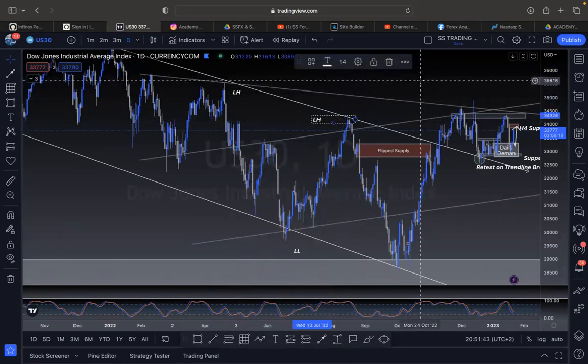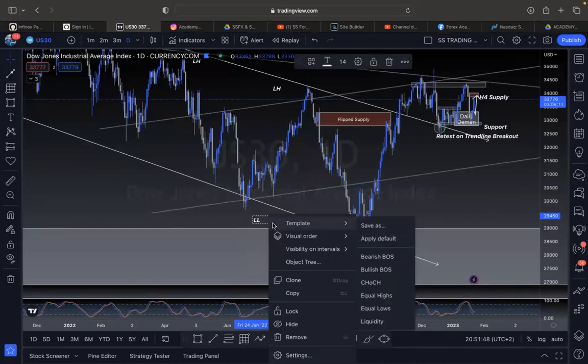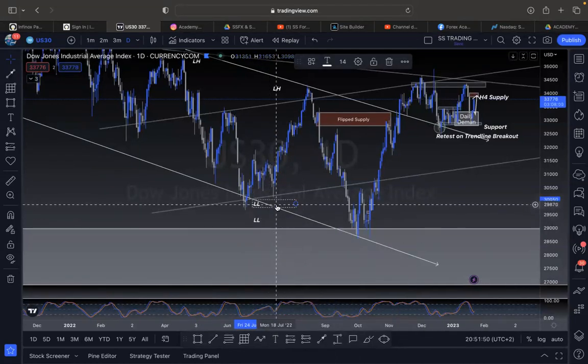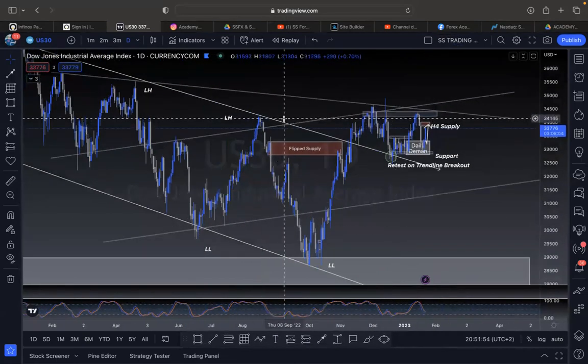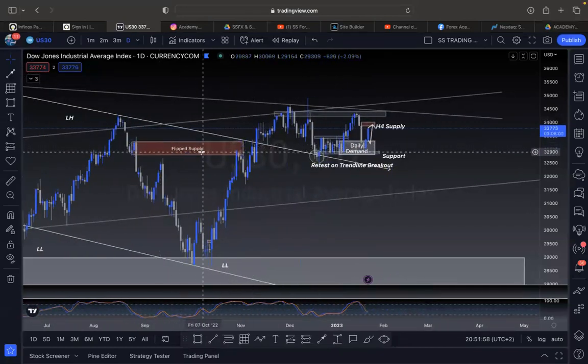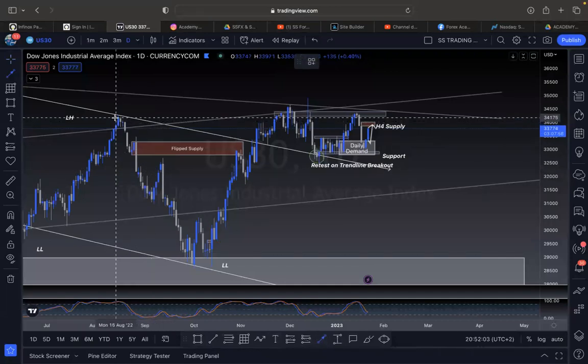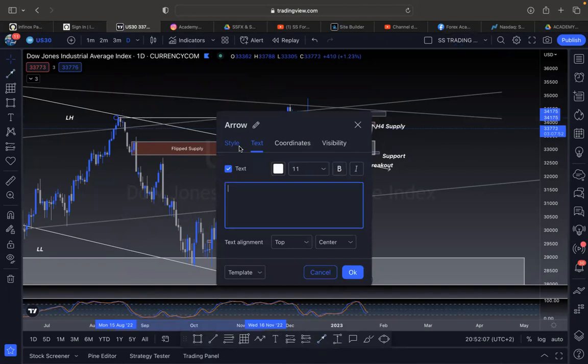That was the lower high. And this was the lower low. All right, so we flipped the supply up here, and we took out major structure here. So we assume a bullish bias.